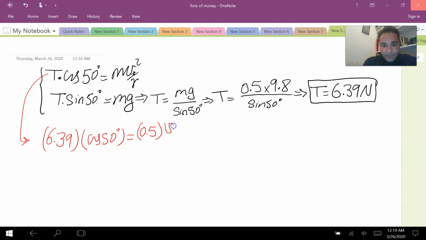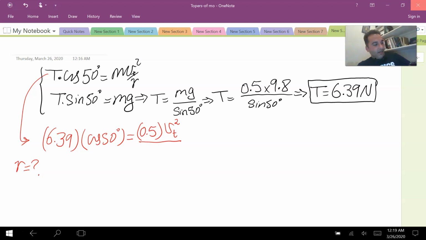So let me write Vt divided by what? R. Oh my goodness. Do we have R? Do I have the radius? No, I don't.